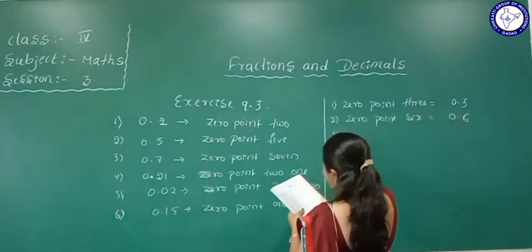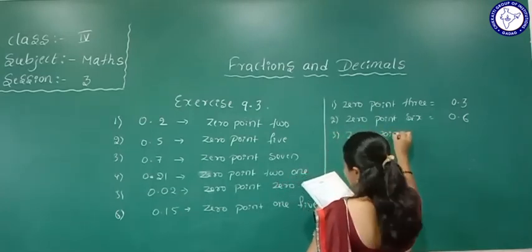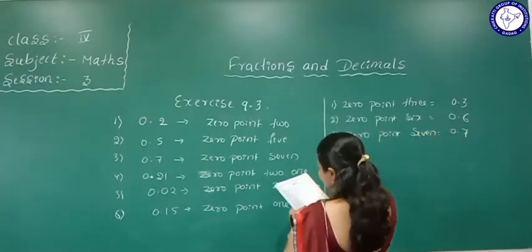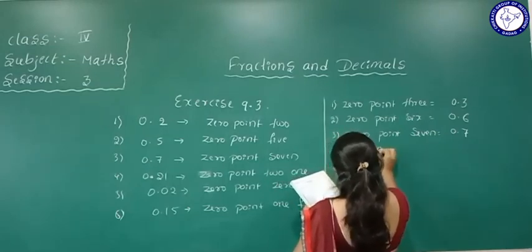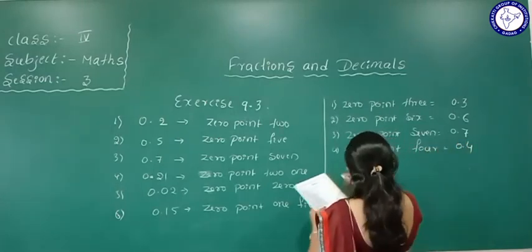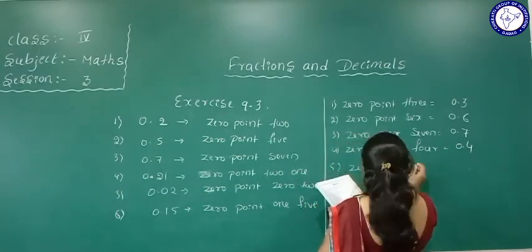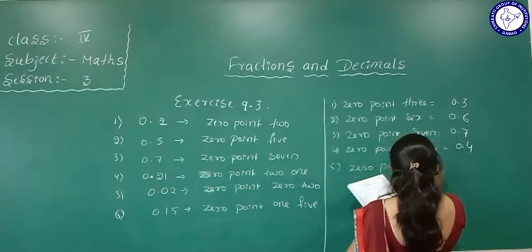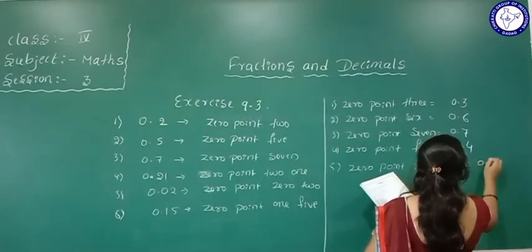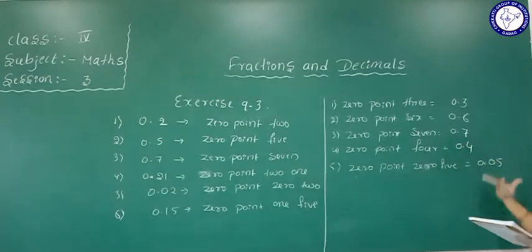Next one 0.7. Fourth one 0.4. Fifth one 0.05. Understood this one? So they have given word form, we will write decimals.